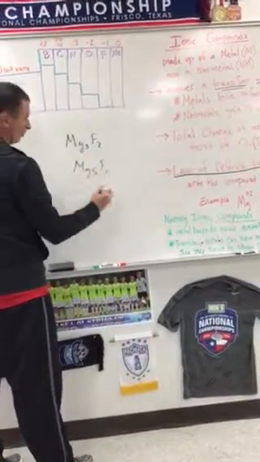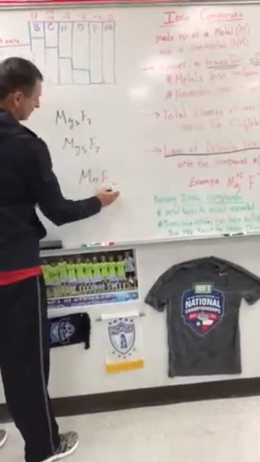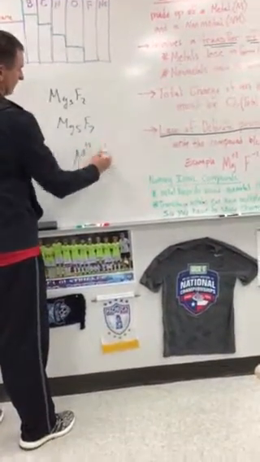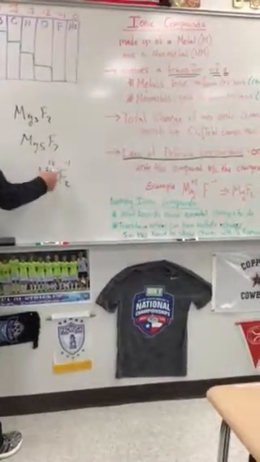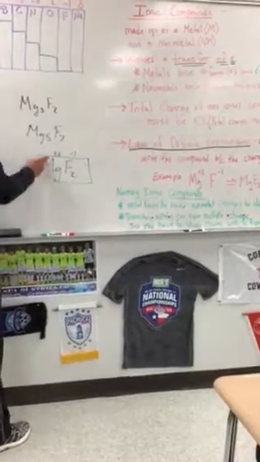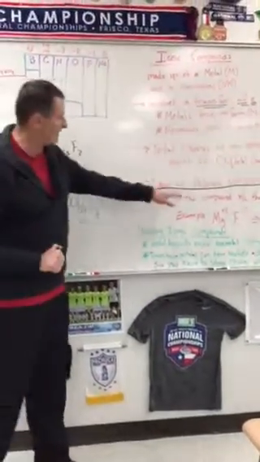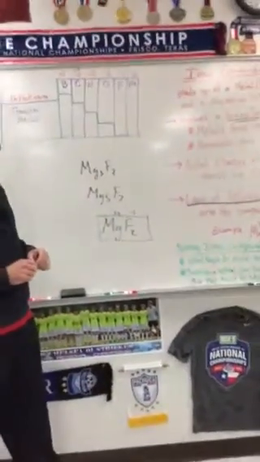The only way I can write it is MgF2, and that's because I have a +2 and a -1 charge, crisscross and reduce, the total charges cancel out. So MgF2 is the only way to write it, because that's the only way the charges will cancel out. So that's called the law of definite proportions.